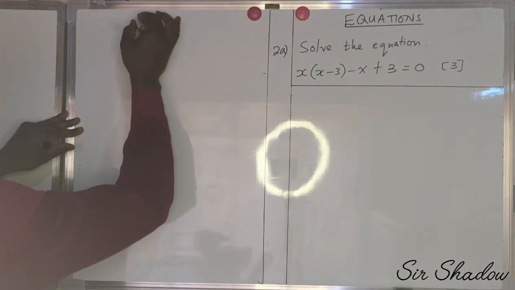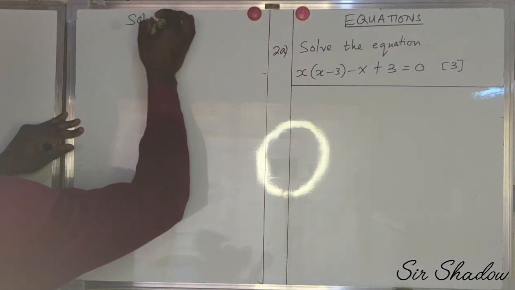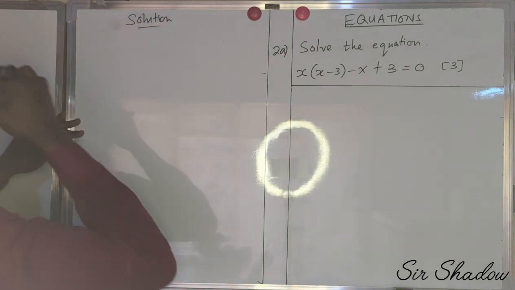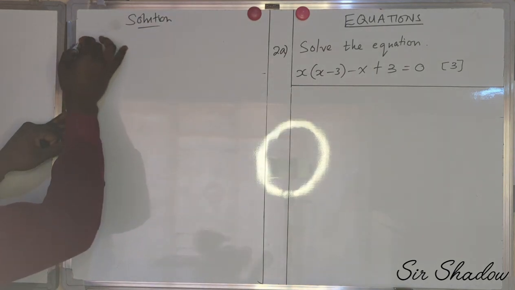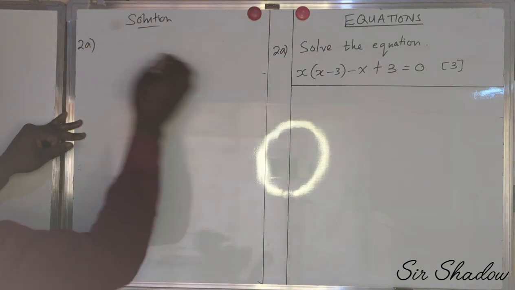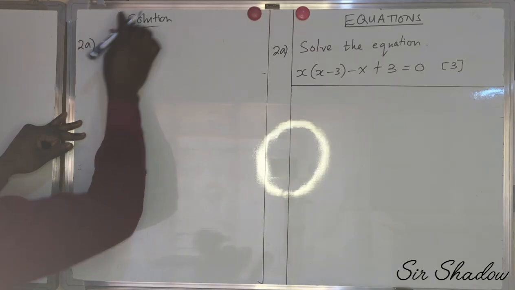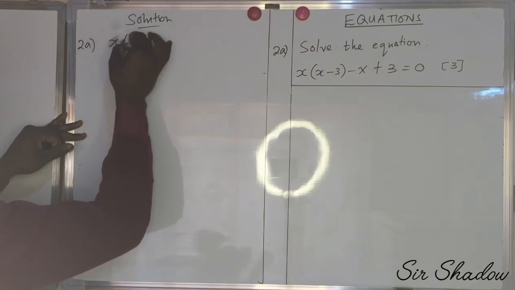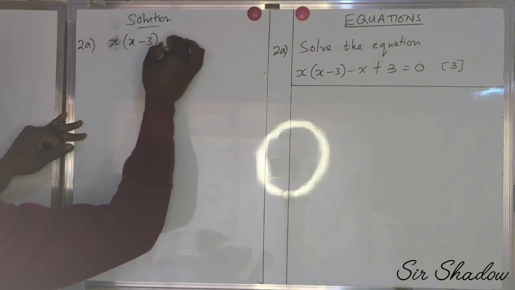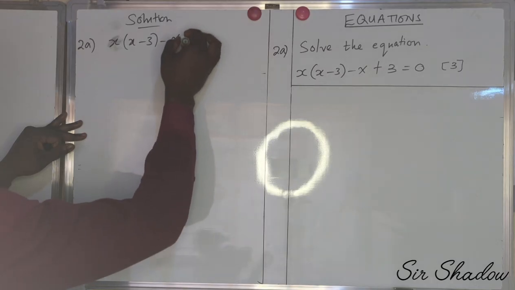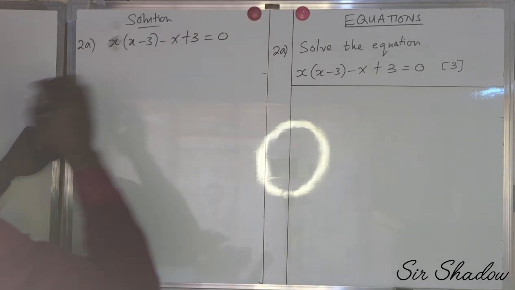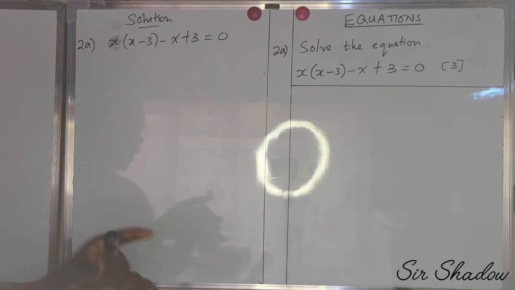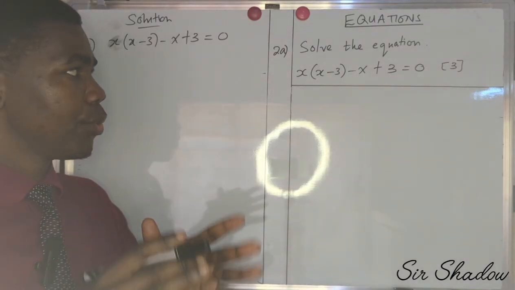All right, so for the solution, we are given this, which is number 2a. We are given x(x − 3) − x + 3 is equal to 0. Like I said, no need to expand this.